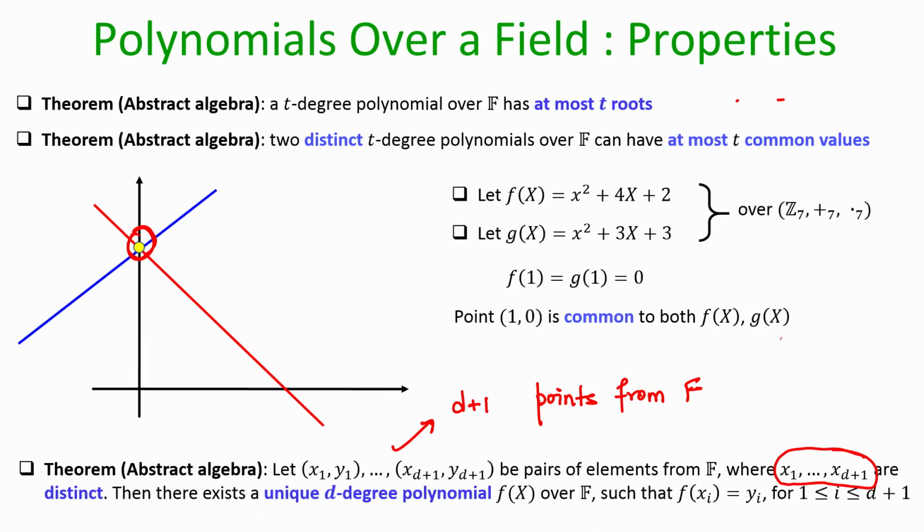That means, x 1 is not equal to x 2 is not equal to x 3 is not equal to x of d plus 1, all of them are different elements from the field.